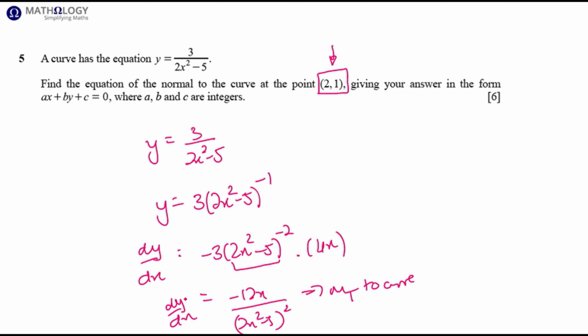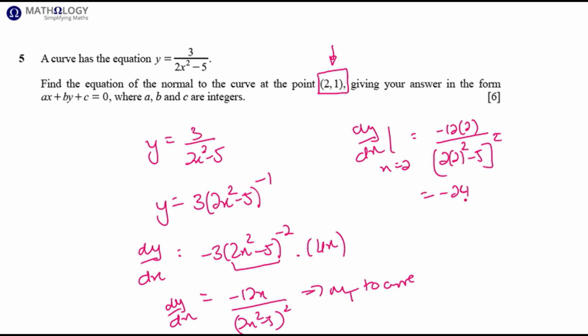To find the gradient of the tangent to the curve at this particular point, we're going to evaluate dy/dx where x equals 2. So dy/dx where x equals 2 equals minus 12 times 2 over 2 times 2 squared minus 5, and that is all squared.